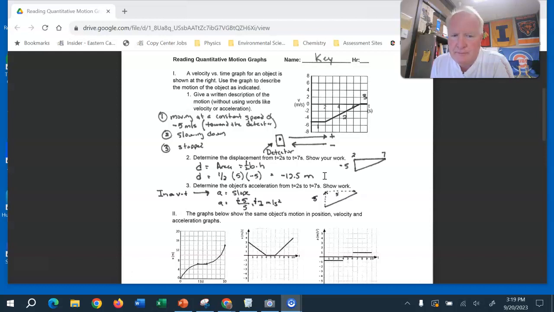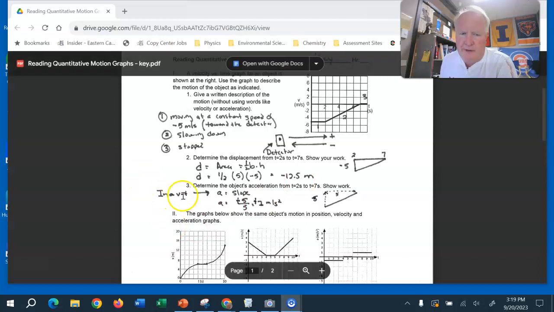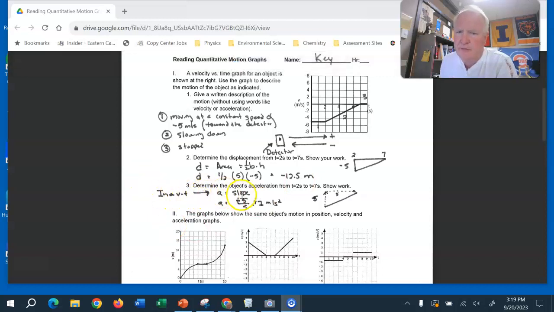All right, number 3, determine the object's acceleration from 2 to 6. We have to remember our little cheat sheet of notes. What is acceleration? Acceleration is the slope of a velocity versus time graph. So here it says, in a velocity versus time graph, acceleration equals slope. We just need to find the slope of this line from 2 to 7. So I rewrote it right here.